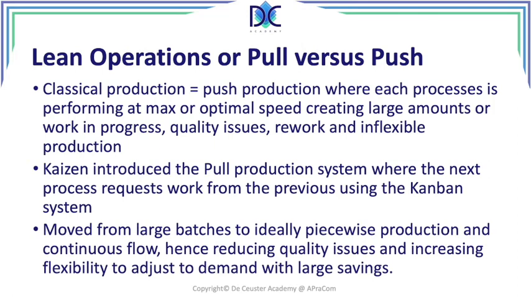Moved from large batches, they meant to ideally piecewise production and a continuous flow. They reduce quality issues and increase flexibility to adjust to demand, and they also have very large savings compared to the classical production.